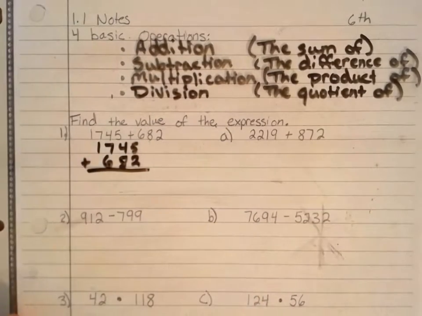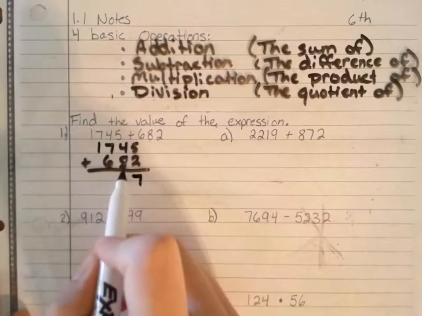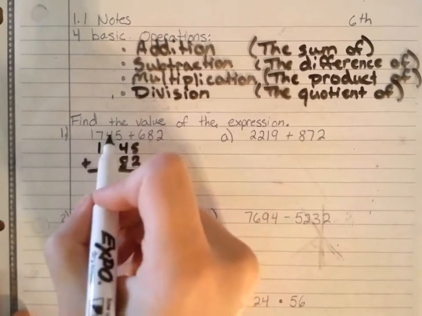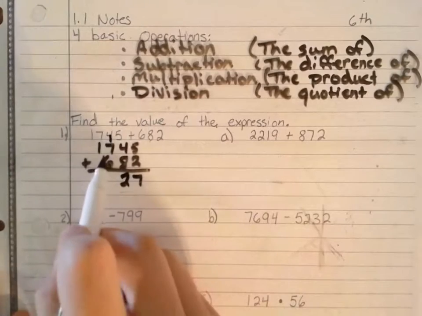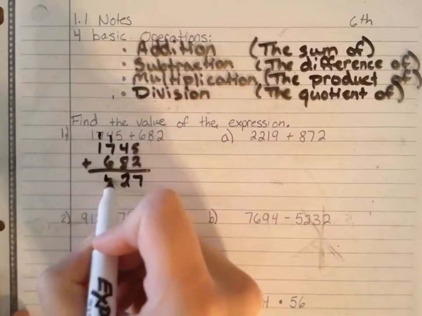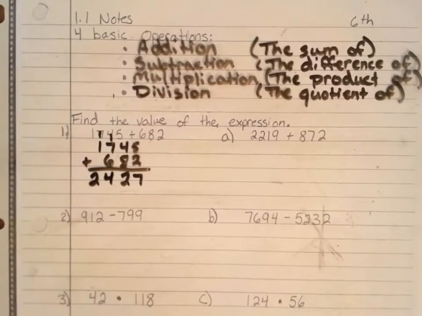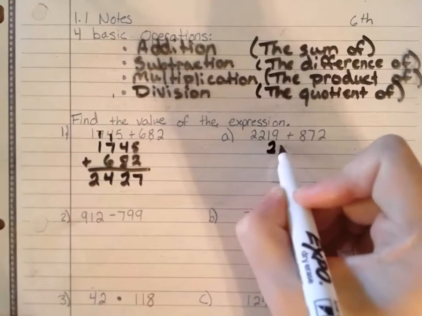So all we do is add down. 5, 6, 7, 8, 9, 10, 11, 12. 7 and 6 make 13, plus 1 make 14, and 1 plus 1 makes 2. So the sum of 1,745 and 682 is 2,427. The next one we work the same way.